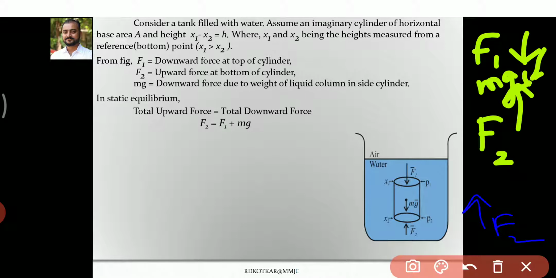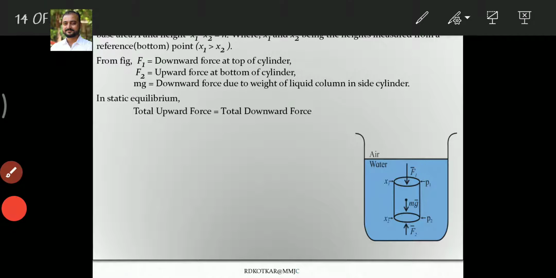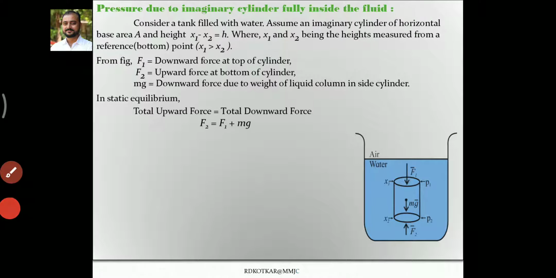This force F2 acts in the upward direction, while F1 and mg act in a downward direction, and as a result we get the formula F2 is equal to F1 plus mg.